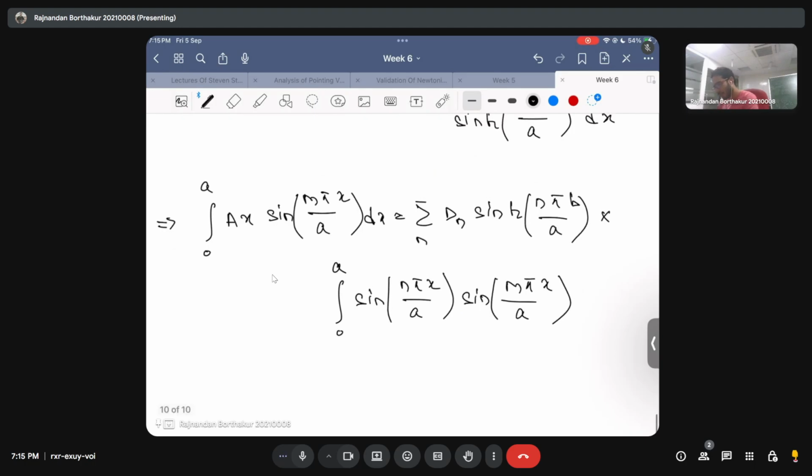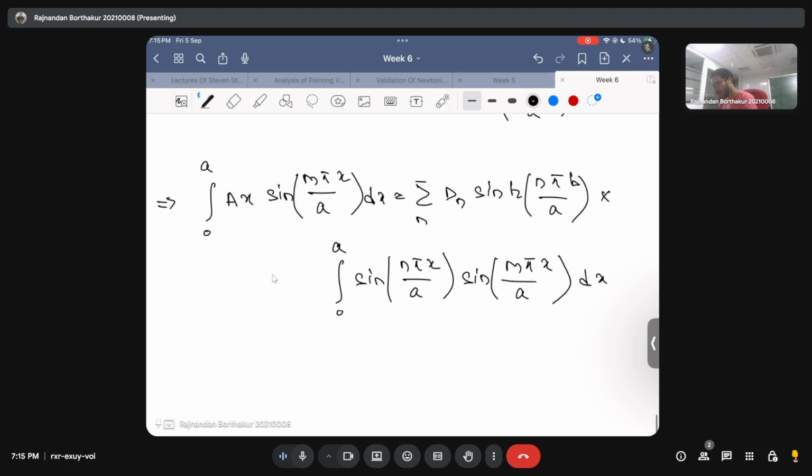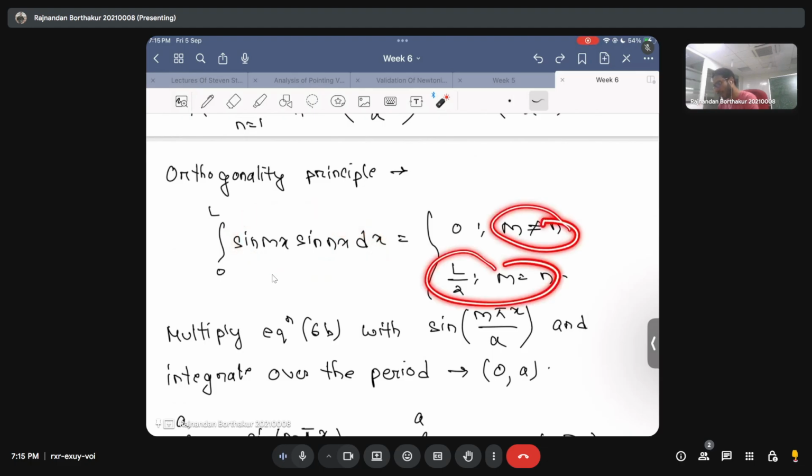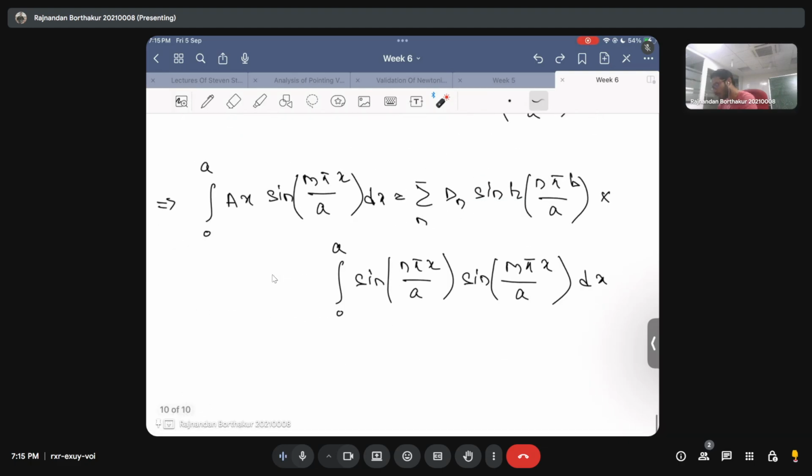But using the orthogonality principle, as I said, because we know that integral 0 to L sine m pi x sine n pi x is 0 when m is not equal to n, and is equal to L by 2 when m equals n.